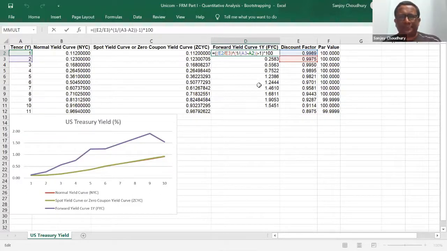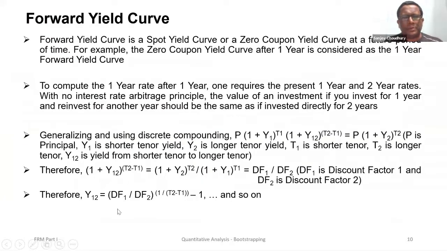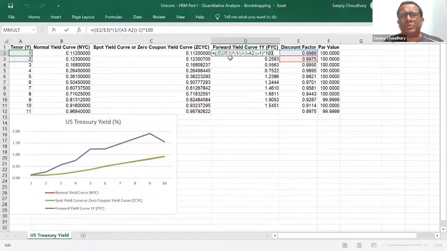As you can see, the same expression is provided in this particular presentation: discount factor 1 divided by discount factor 2 raised to the power 1 divided by T2 minus T1, minus 1, into 100. So this goes on continuously.